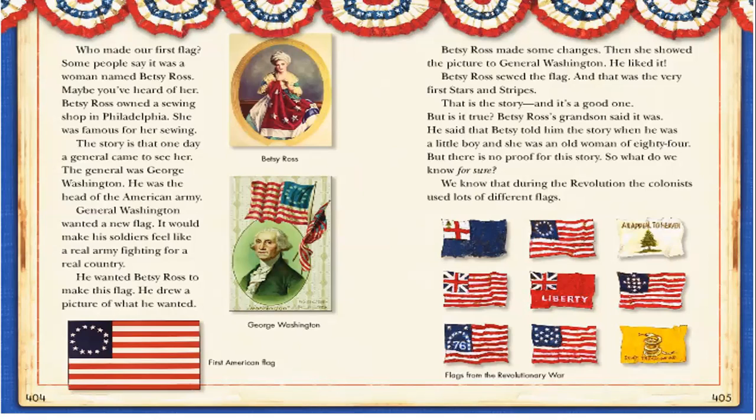He drew a picture of what he wanted and she made some changes. Then she sewed the flag. Actually, we don't know if this is the real story or not, because there is no proof for this one.